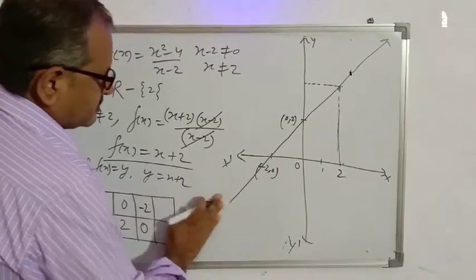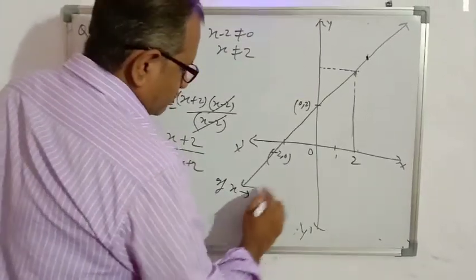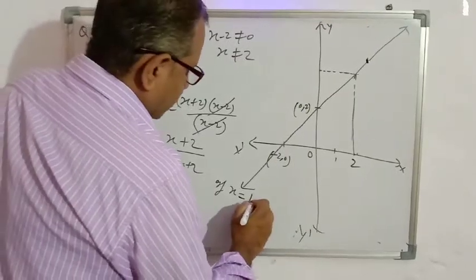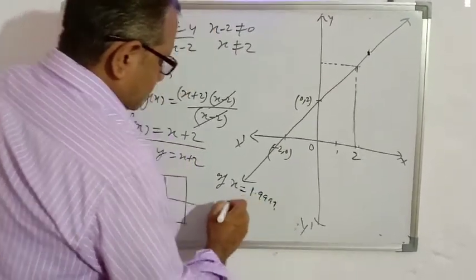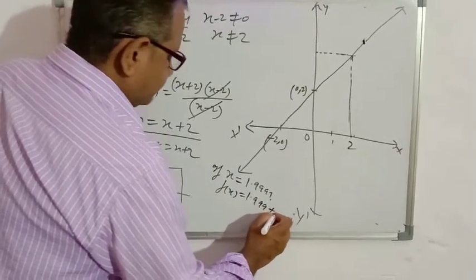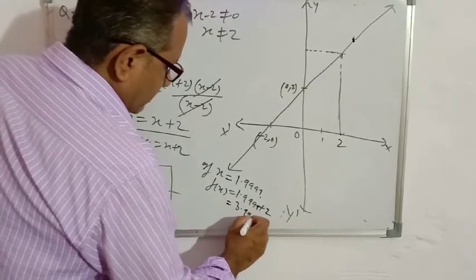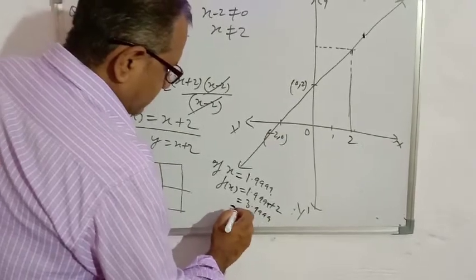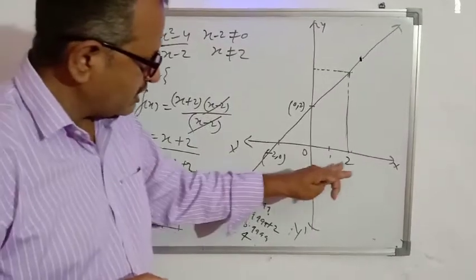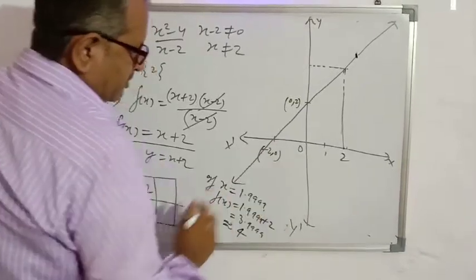So if x tends towards 2, suppose x is equal to 1.999, then what will be f(x)? f(x) will be 1.999 plus 2, so it will be 3.999, approximately 4, almost 4. So when x approaches 2 from the left side, we are getting f(x) tends towards 4.